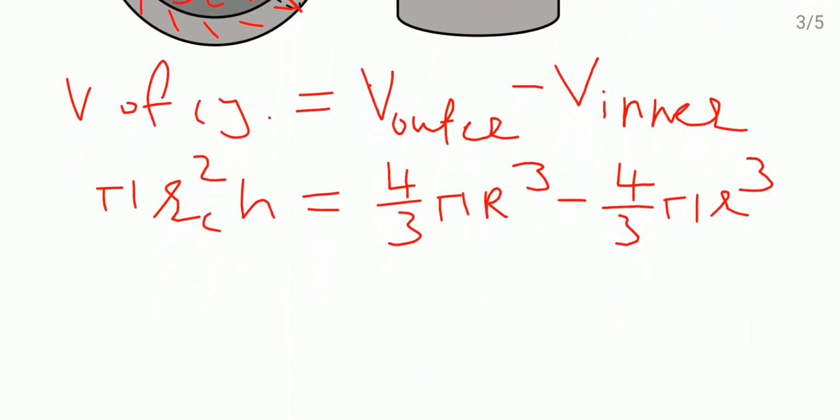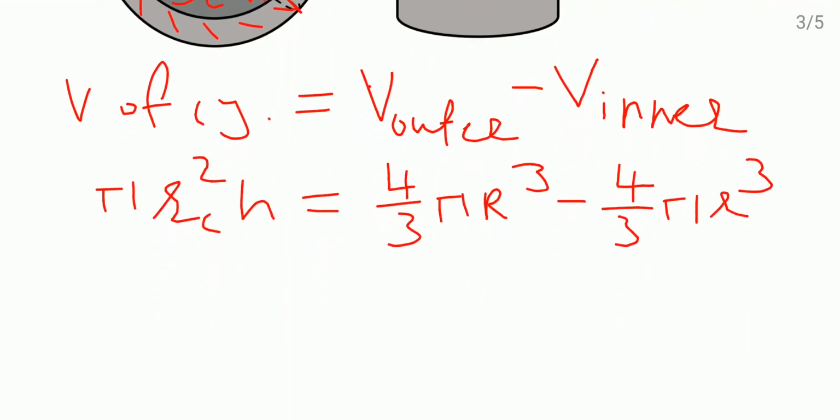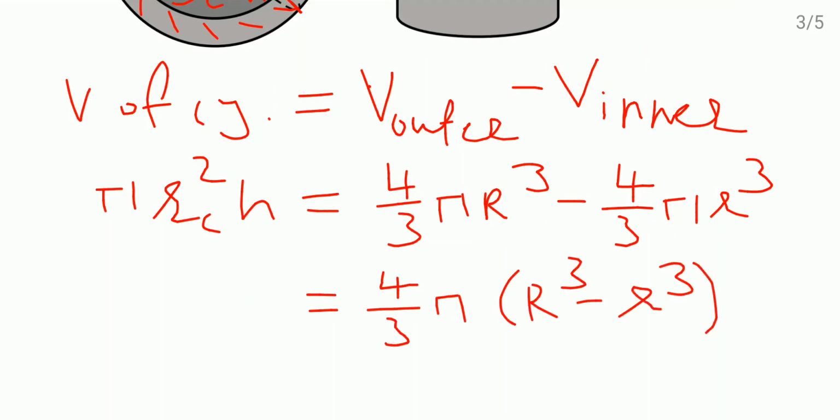See here what we can take common. 4/3 pi easily we can take common. 4/3 pi in the bracket R cube minus small r cube, and here pi RC square H. Pi and pi got cancelled.